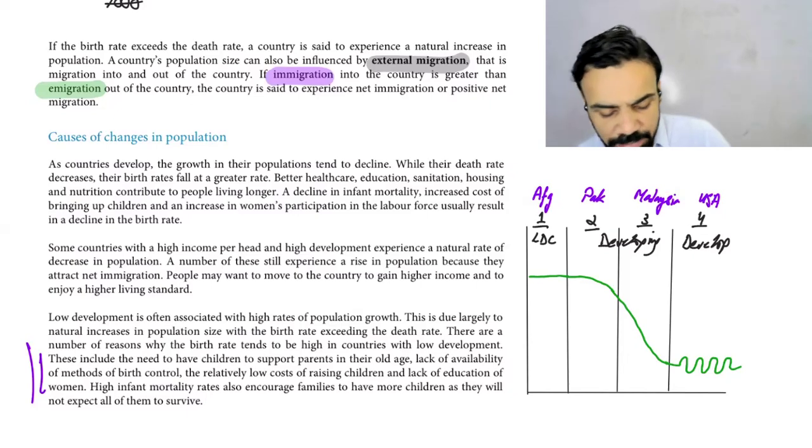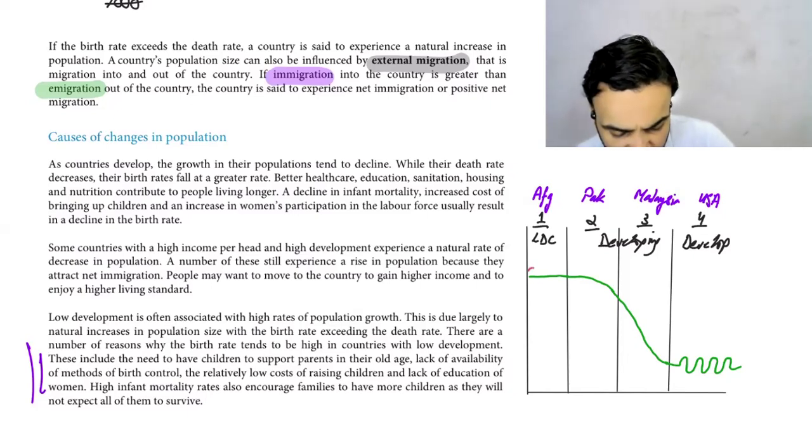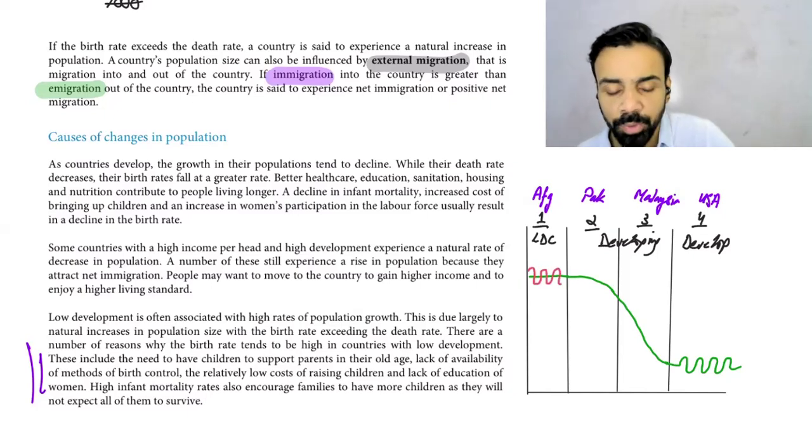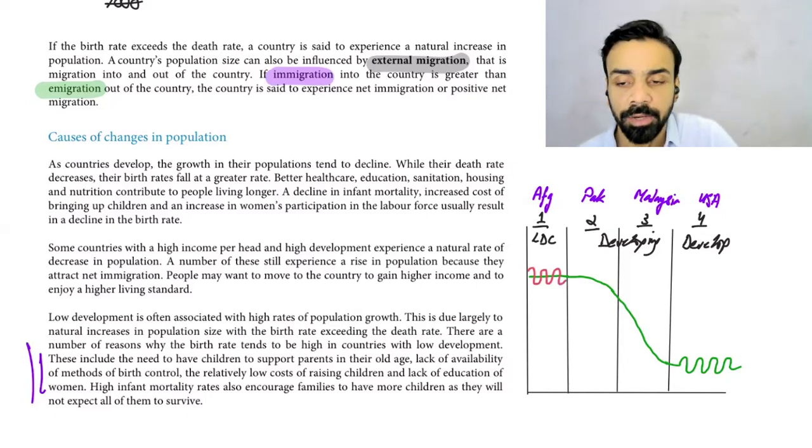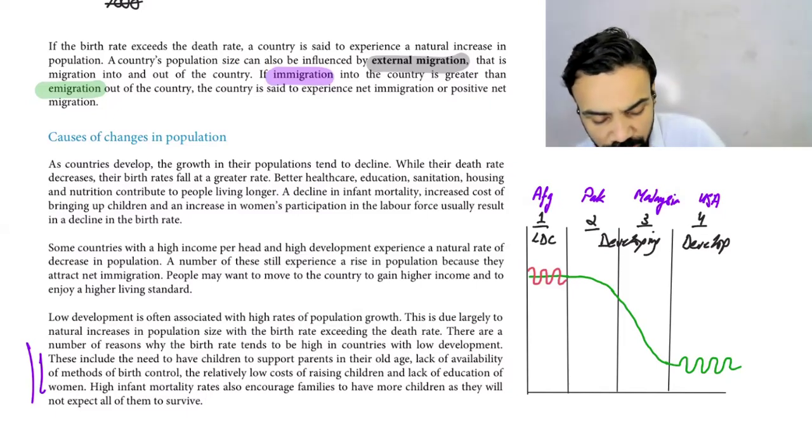ठीक है. अब जब death rate की बात आती है, for these countries the death rate is fluctuating, but it's on a very high side, because of war, famine, and problems like basic healthcare related issues. Malaria ho gaya, a lot of people die because of that. Typhoid ho gaya, a lot of people die because of that. But when you enter the second phase, the death rate starts to fall very significantly.